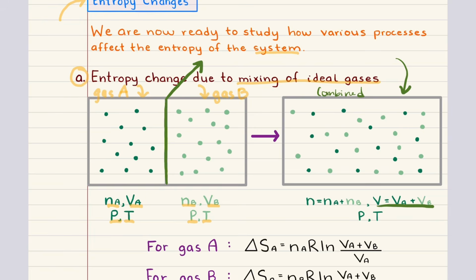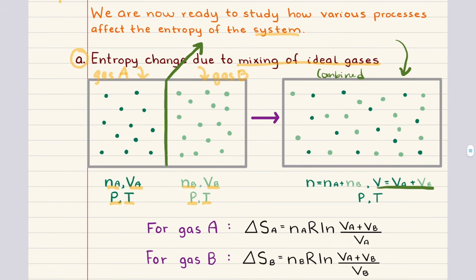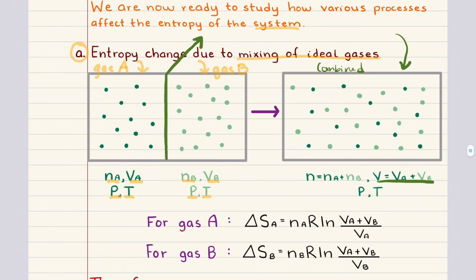So what is the entropy change for this mixing process? Let's analyze it step by step. For gas A, before mixing, it's going to be confined to its own volume Va. After mixing, it's going to be able to access the full combined volume Va plus Vb.